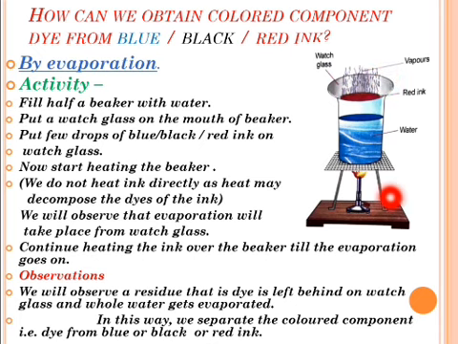Continue heating the ink over the beaker till the evaporation goes on. As the evaporation of water stops, we will observe a residue, that is dye, left behind on the watch glass and the whole water gets evaporated. In this way, we separate the colored component, that is dye, from blue or black or red ink.